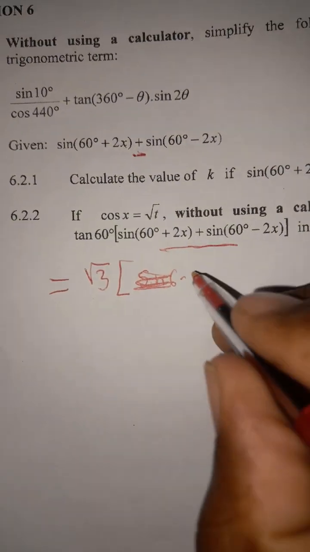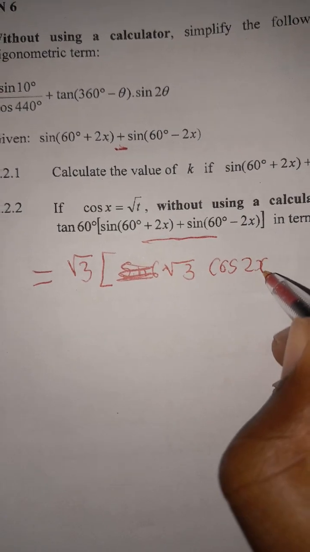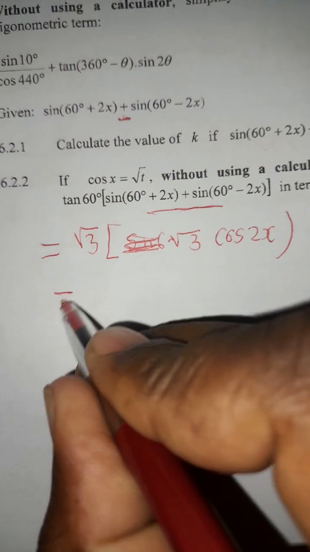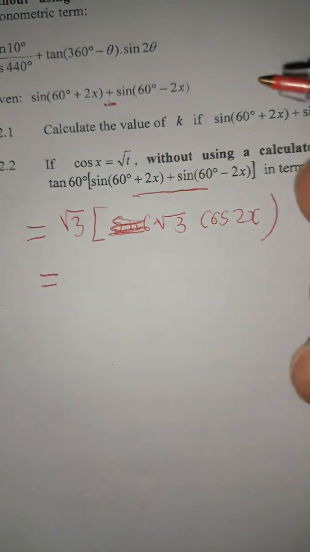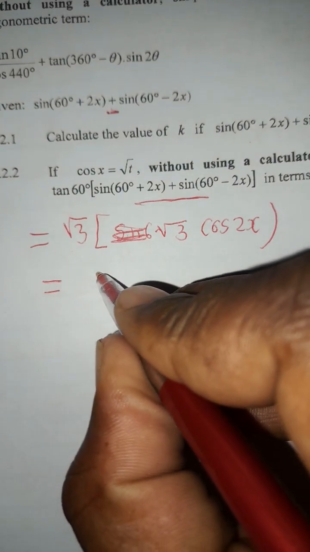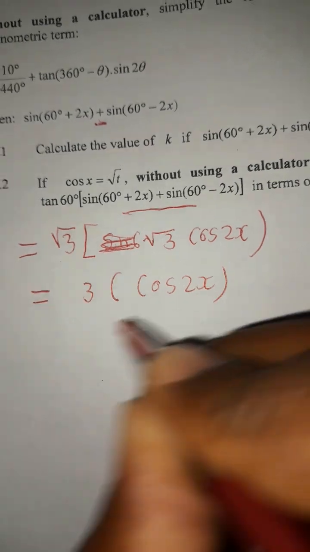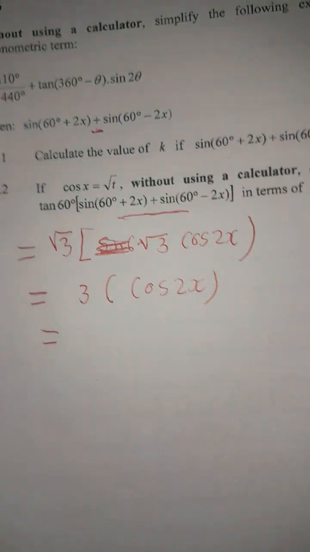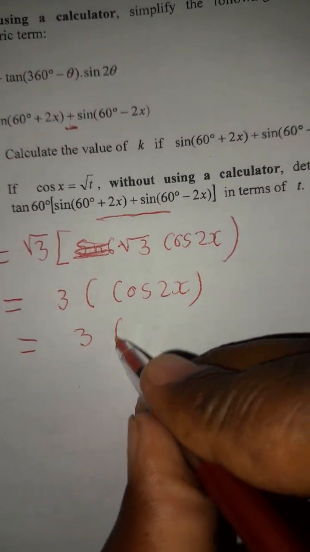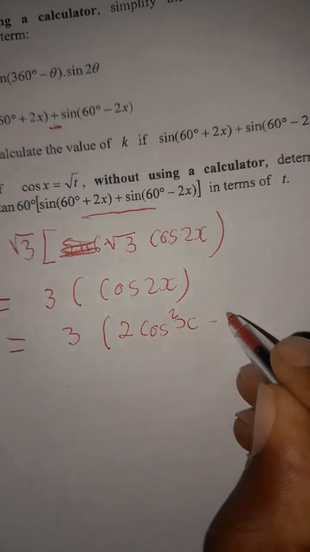So I will put that root 3 cos 2x. We don't have to work hard here. From here, root 3 times root 3 gives us 3, as well as cos 2x. This is a double angle, so we can change cos 2x to 2 cos squared x minus 1.